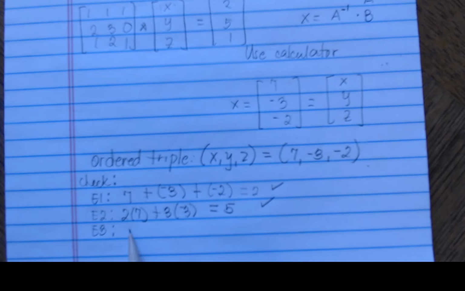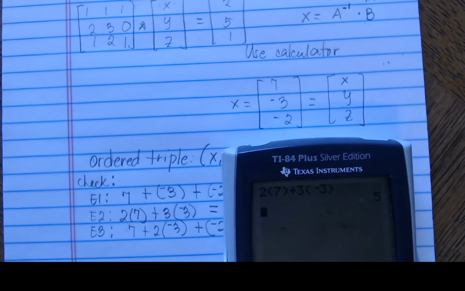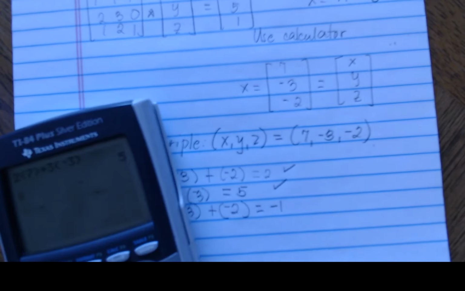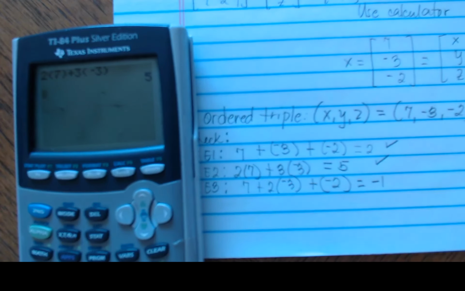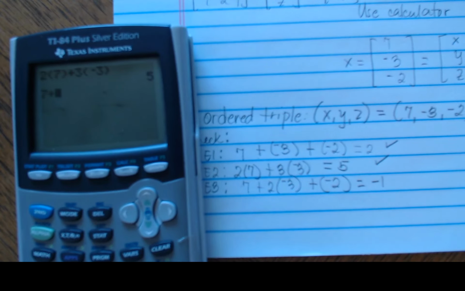So equation 3, start with x. X is 7 plus 2 times y, which is negative 3, plus z, and we know it's negative 2. So let's put a parenthesis around it, and it equals negative 1. Well, let's use a calculator. This is right here. We have 7 plus 2 times negative 3 plus negative 2.